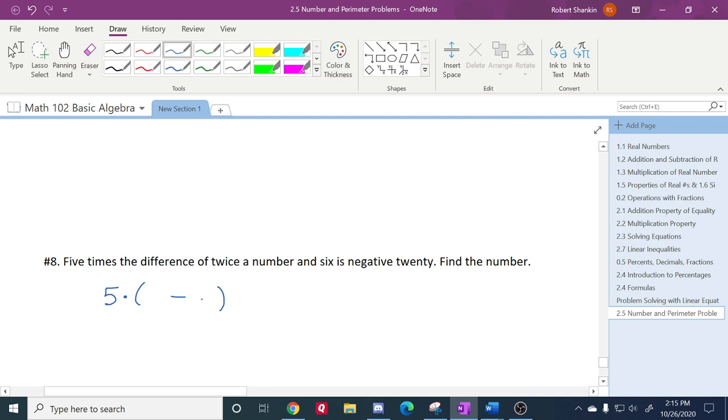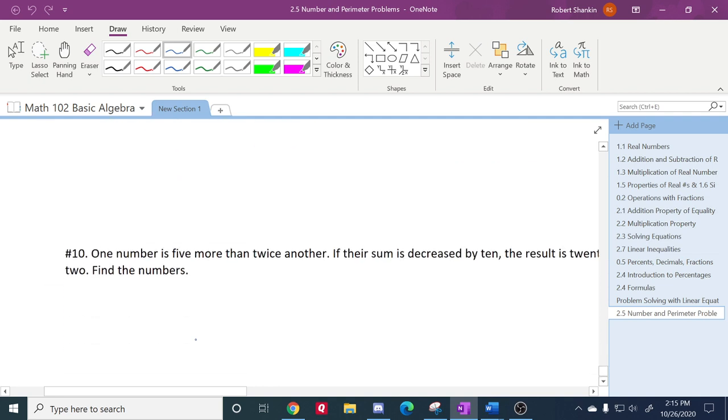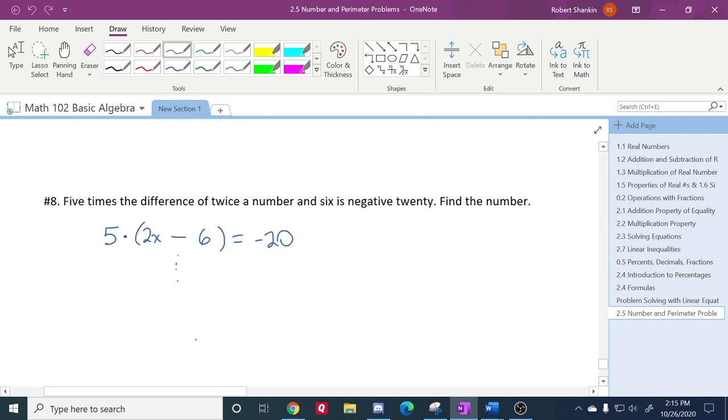So this has to go in parentheses. 5 times the difference of 2 things, twice a number, and 6, is negative 20. That's how this equation gets set up. And that's all we can do.